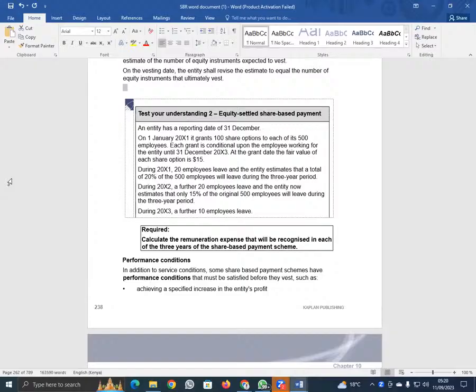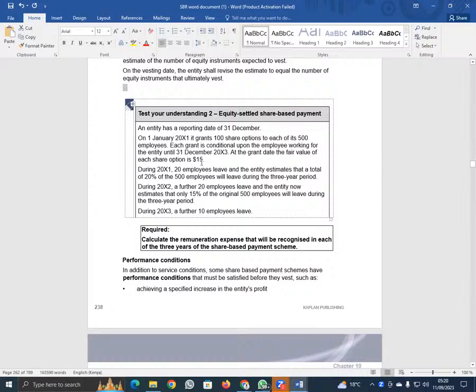And if it's an equity settled share-based payment, then what I will have to look at is the fair value as at the date we are granting them this promise. We are told here that at the grant date, the fair value of the option is 15. This is so important.